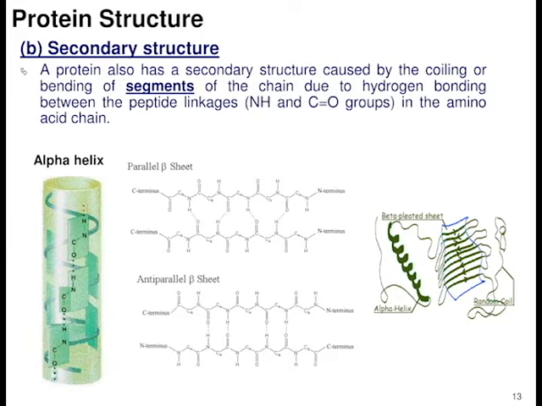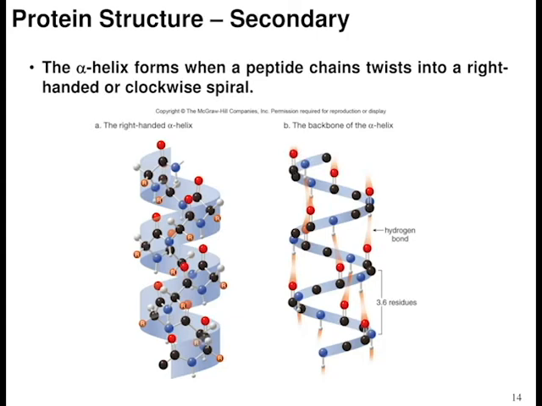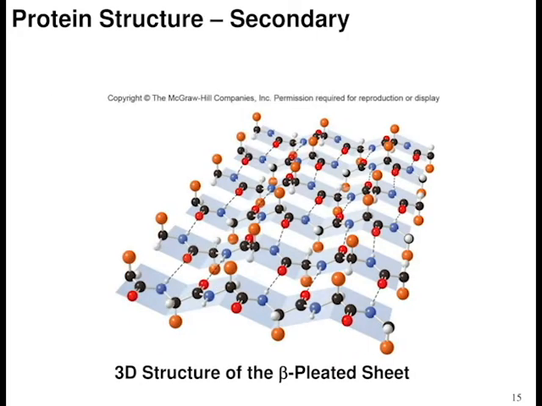This type of hydrogen bonding will be dictated by the R group. So if they want an alpha helix or beta sheet, they can fold on themselves to form the alpha helix or the beta sheet. These are some other examples. You see there's hydrogen bonding between the peptide backbone to give us the alpha helix and beta sheet.